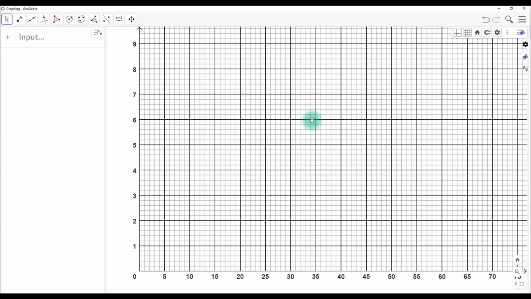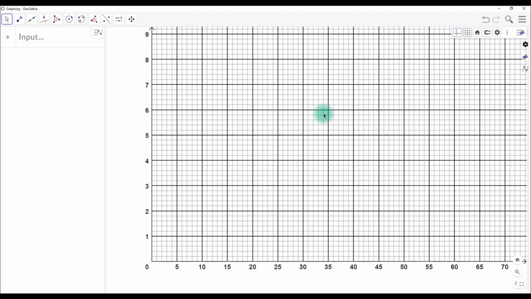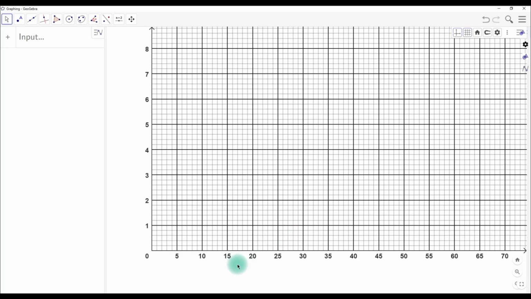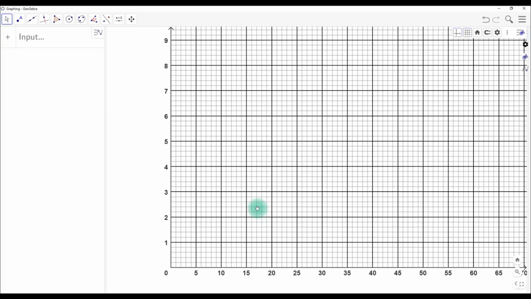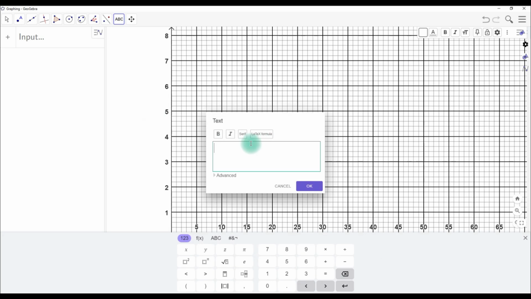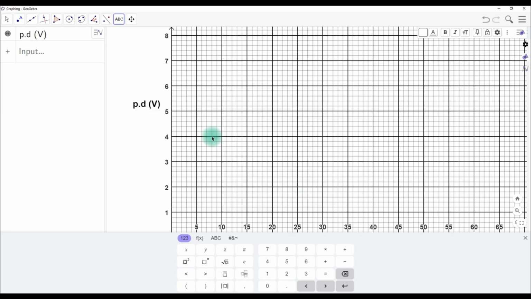We are going to plot the points. Finally, before we proceed, I need to label my axes. I go to this mark, select text, and click there. For the y-axis, it is potential difference, PD, in volts. I click OK.